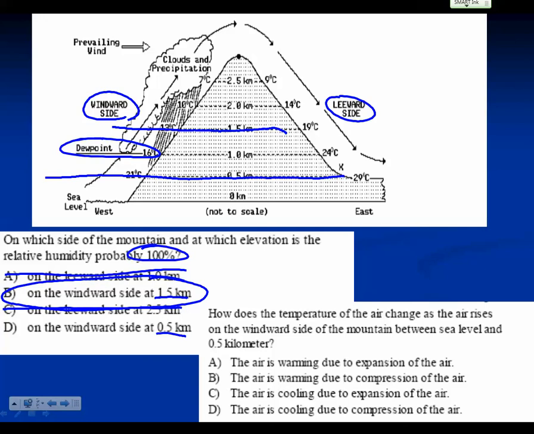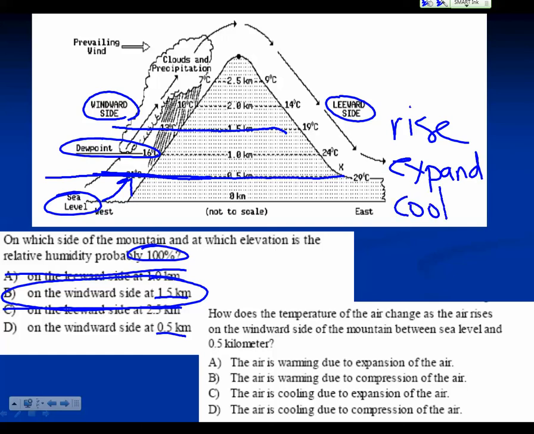Okay, the next question, how does the temperature of the air change as the air rises on the windward side of the mountain between sea level and 0.5 kilometers? So between sea level and 0.5 kilometers, we're at here, sea level, 0.5 kilometers you've already drawn right here, and the air is rising. We know that that air is going to rise, expand, and eventually cool to the dew point.